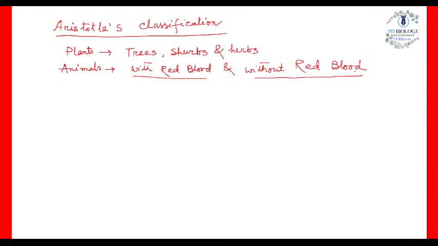So Aristotle, the earliest to attempt a more scientific basis of classification, used simple morphological characters. In case of plants, he treated only the morphological characters and classified the plants into trees, shrubs, and herbs. And animals are divided into those with red blood, Enaima, and without red blood, Anaima.